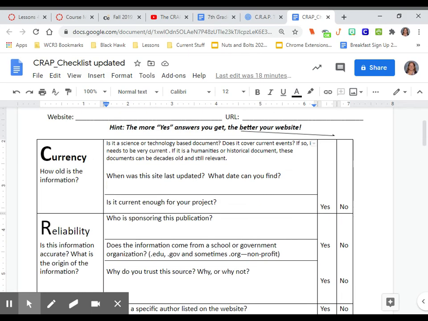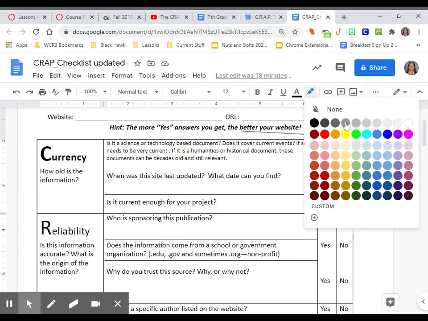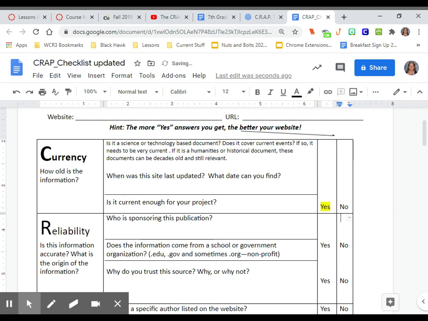Fill out at least one for each of the letters before you decide on yes or no. And when you decide, if you decide yes, that the website is current enough, you are going to select the word yes. Then you're going to come up here and you're going to highlight it, because circling in Google Docs is not as easy as just highlighting. So instead of circling, you're going to highlight.